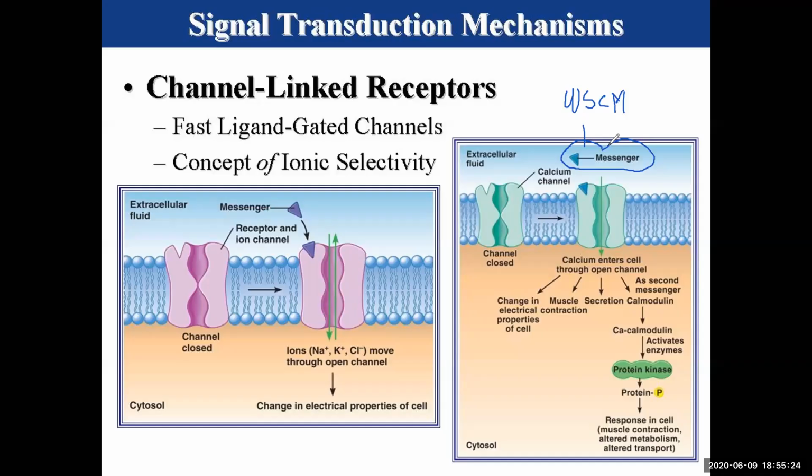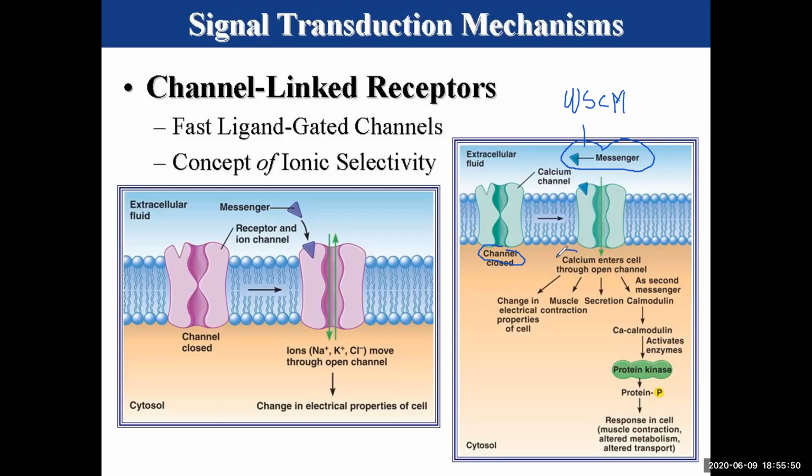Again, the water soluble chemical messenger cannot, I repeat, cannot get inside the cell. So they remain physically outside of the target cell. All they can do is bind to a receptor, and this receptor happens to be an ion channel. So when they bind, the channel opens, they flux.